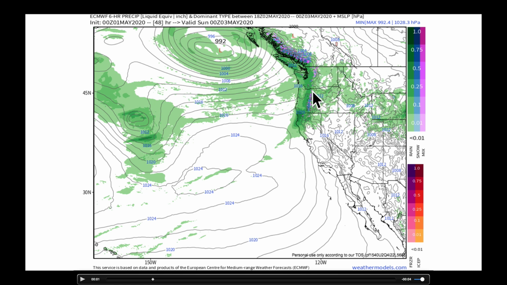I'm not anticipating much at all getting over the mountains, so just very lightly scattered precipitation, maybe a few embedded thunderstorms as this front comes pressing through parts of eastern Oregon, Washington, then getting over to Idaho. Notice the reason why this happened: that high pressure cell which was sitting here has backed off.